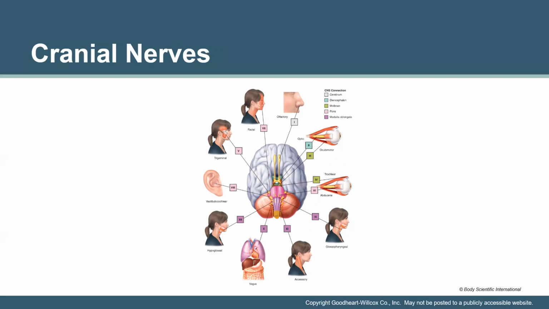Each will have a name, and then it will have a particular function. Some of them will be only sensory nerves, some of them will only be motor nerves, and some of them will be mixed nerves. So we have cranial nerve number 1 is our olfactory nerve. Cranial nerve number 2 is our optic nerve.